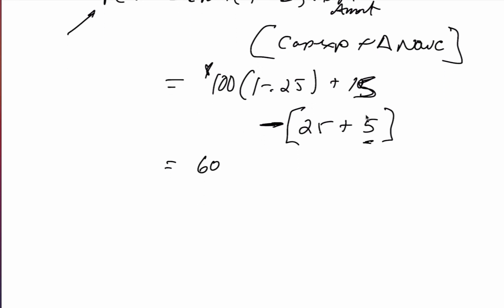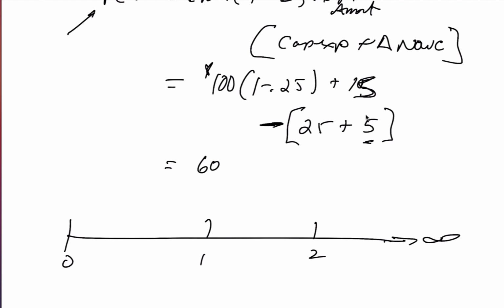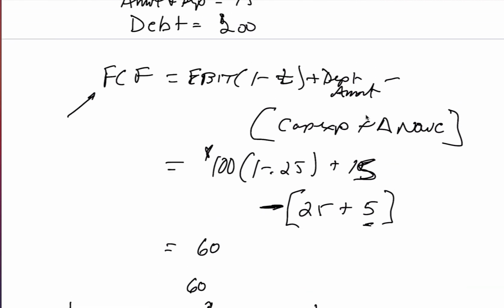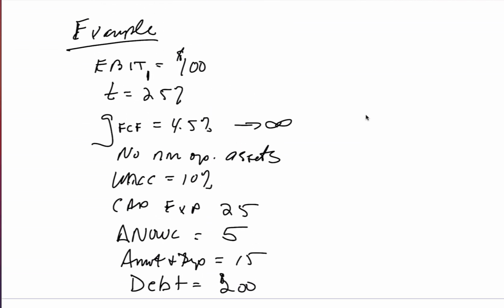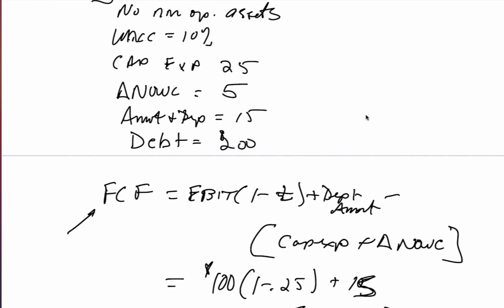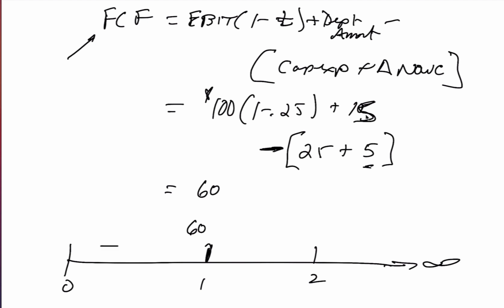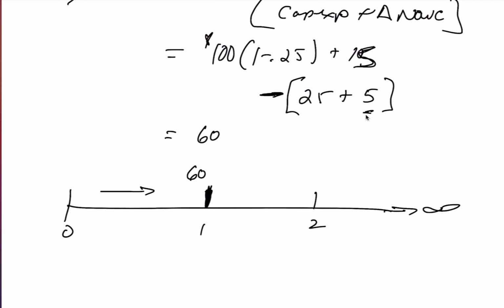So at this point, let's do a timeline, and this goes out to infinity. We have $60 in free cash flow at time 1. I could have given you EBIT at time 0, and you would have had to grow it at 4.5% to get to this point, but the problem gives it to you at time 1 to make sure you have the right timing.